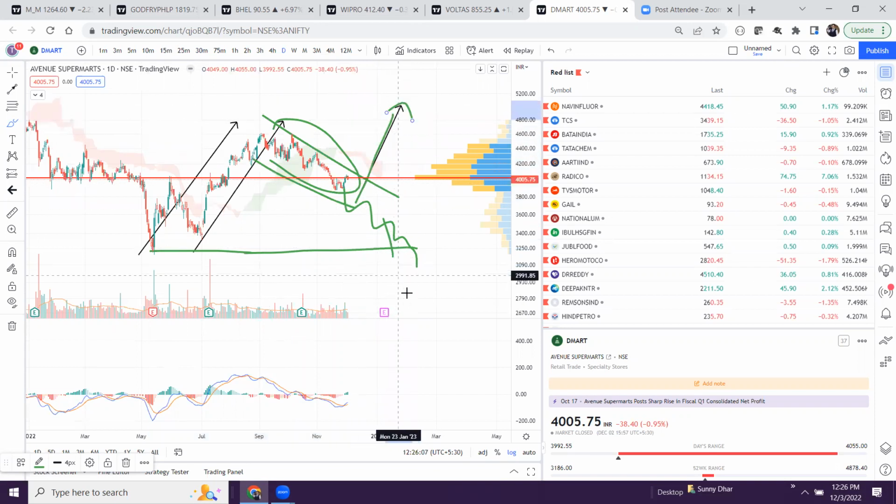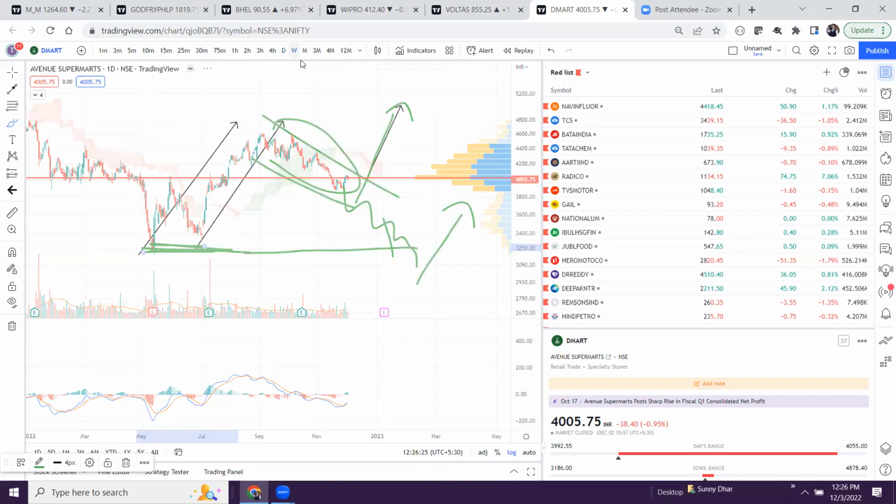This next impulse can come from this part also, and in that case, this will be a correction only, because if this is an impulse, this correction cannot go below this. And how will we know? We cannot just see the daily chart.